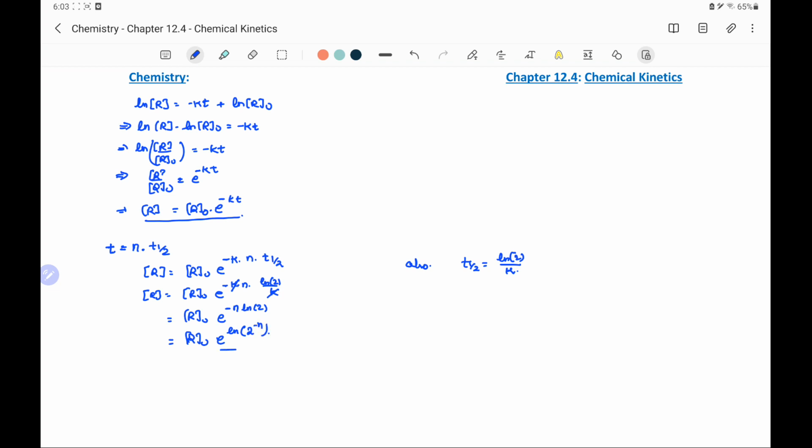And this term simply becomes R0 into 2 raised to power minus n. Therefore, concentration after time t will be equal to the initial concentration into 1 by 2 raised to power n.